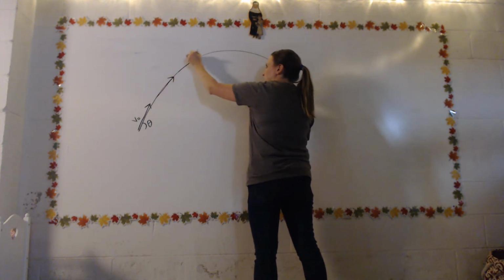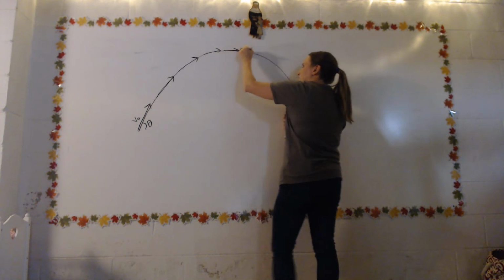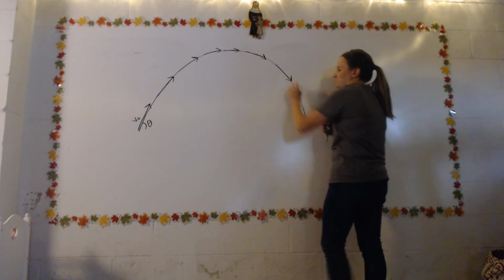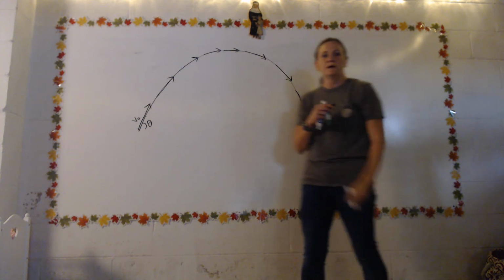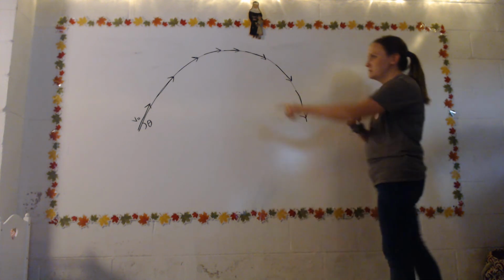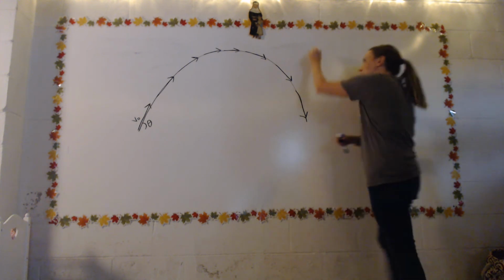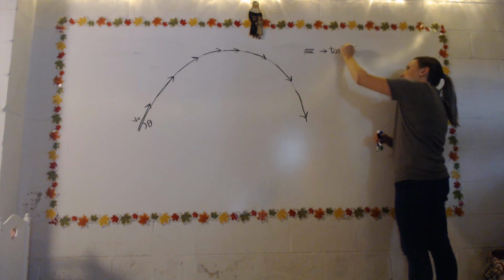It follows this path. I'm just using arrows to indicate its motion. Hopefully you can see this on your screens. This is black, if you can't see a black marker. I'm just following the path with these arrows, and the black will be my total velocity.